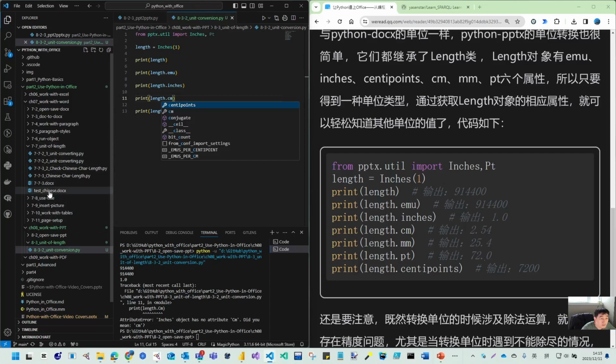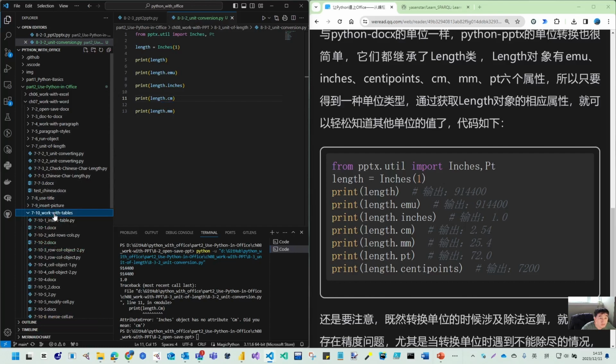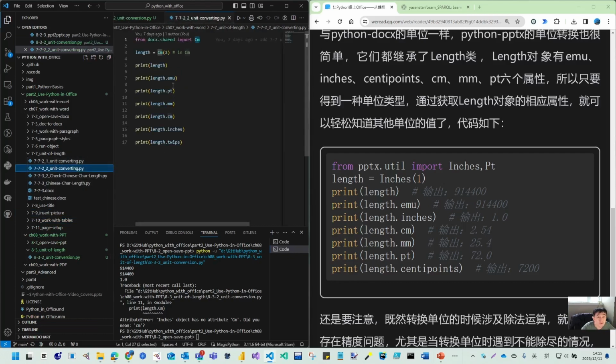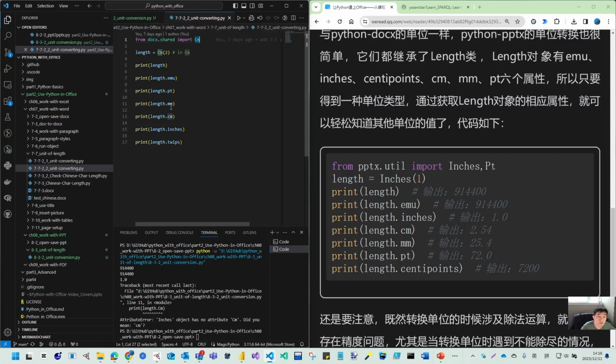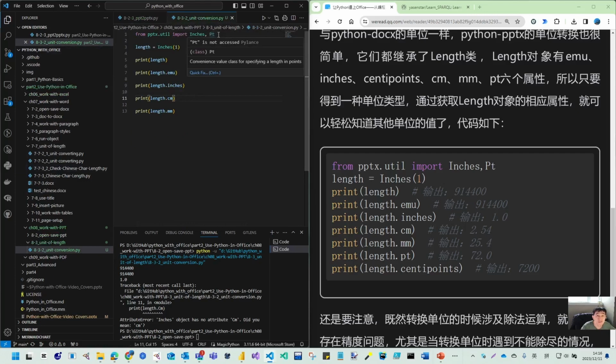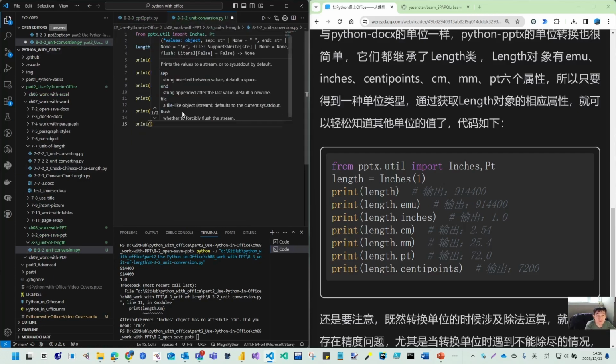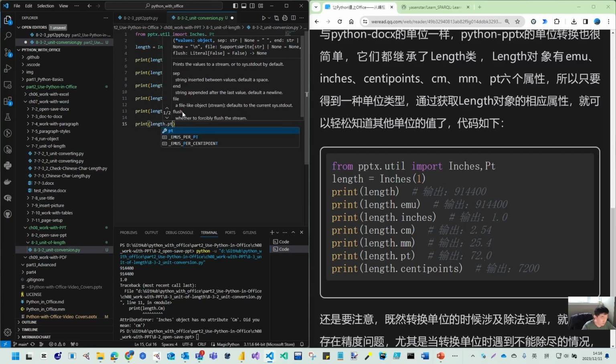In the docs, you can also see the loaded name for this cm must have a capital C, but when you use it, it's a small c. It's the same as if you load the pound, it's Pt, but when you start to use it, it's a small p.